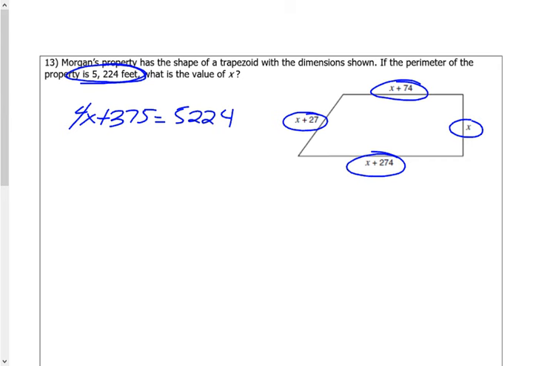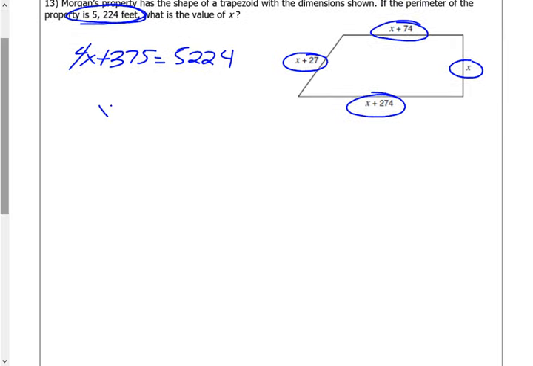Now, what's the value of x? Well, we would solve that equation for x. 5224 minus 375 divided by 4. And I get a decimal, but that's okay sometimes. Like so.